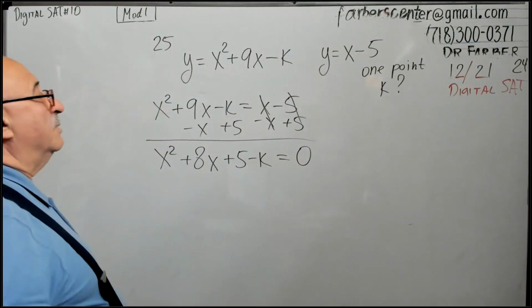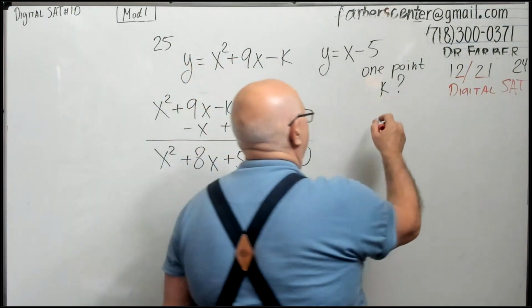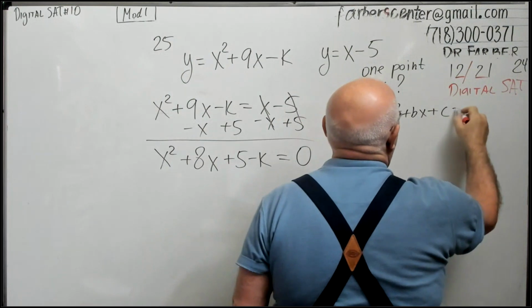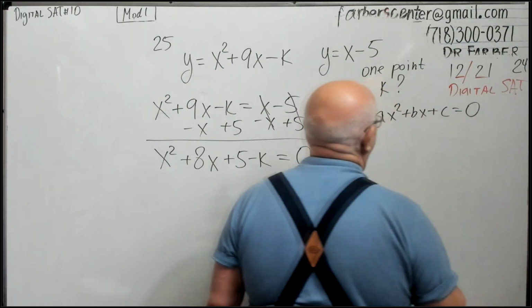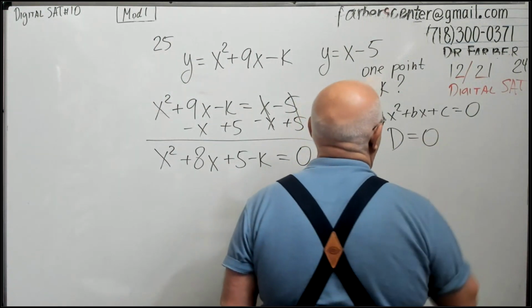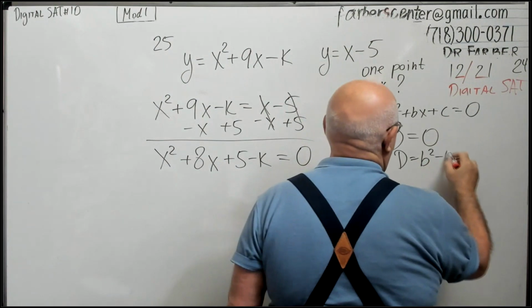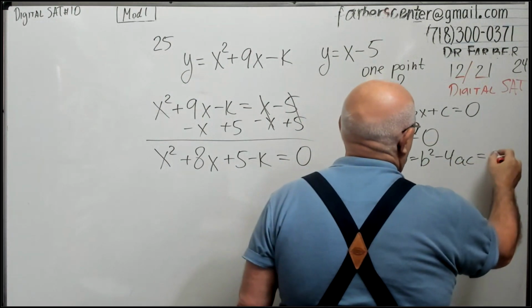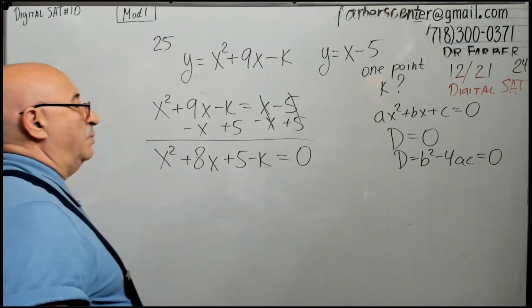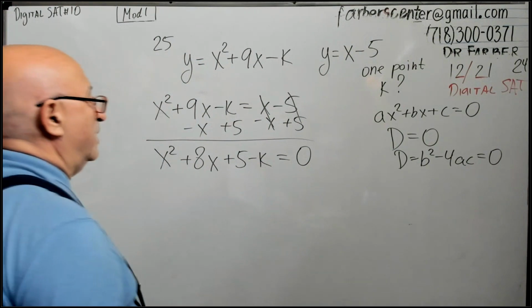If we have only one point, if you have the equation ax squared plus bx plus c equals 0, the discriminant equals 0, and the discriminant is b squared minus 4ac equals 0. They have two equal roots, so it means 1 point. So find the discriminant.